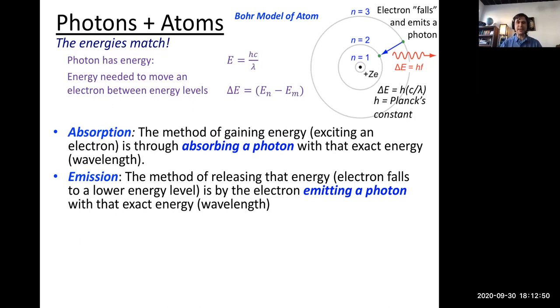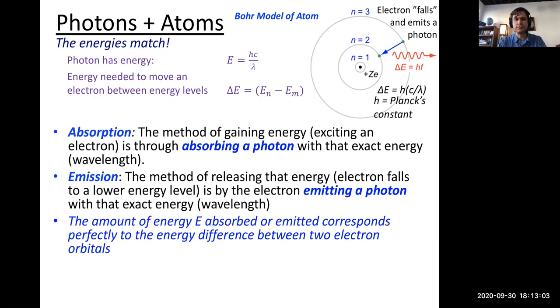So if you spread the light out, you'd only see the very specific wavelengths, the very specific energies. You'd actually be looking at the energy structure of whatever atom you're looking at, and you'd see an emission spectrum. So it has to be that exact amount of energy.